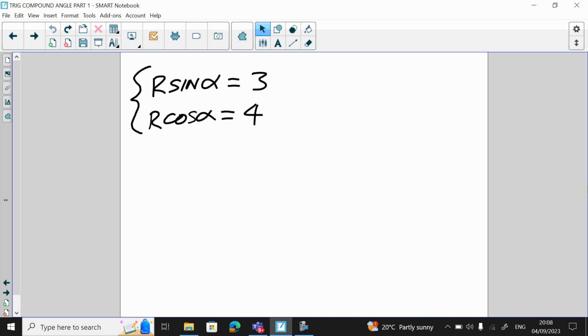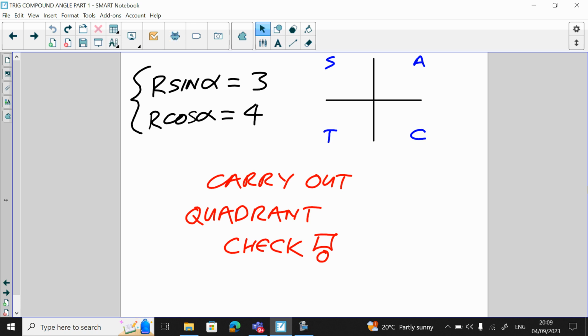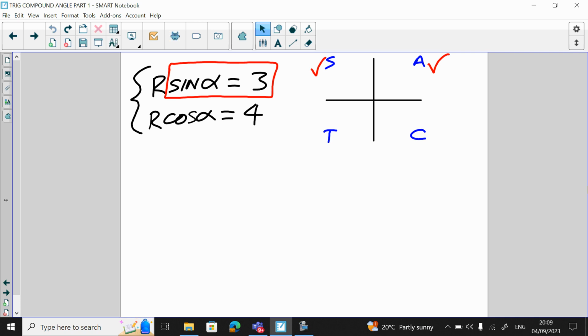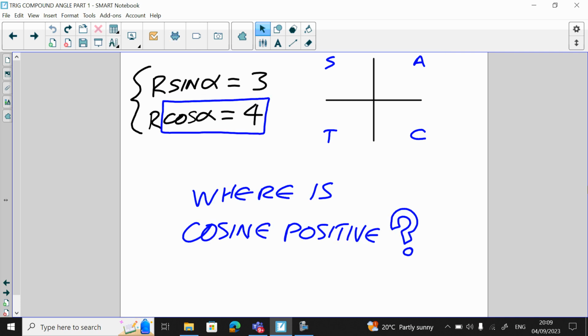So I've got two equations, and what I'm going to do is carry out a quadrant check. Usually if you have the sine and cos of an angle there's fractions, and R would go over and divide, but I'm just going to leave it here. All I'm interested in is whether the number is positive or negative. Where is sine positive? You've done the quadrant check before: All and Sine. Where is cos alpha equal to positive 4?